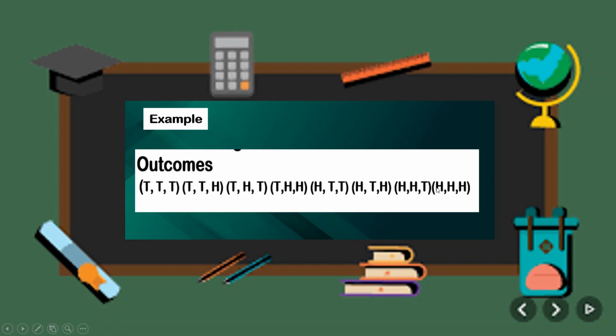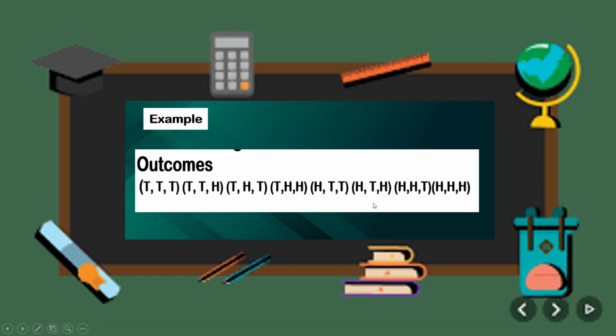These are your possible outcomes. How many are there? There are 8 outcomes as you toss 3 coins. Again, our experiment is tossing the 3 coins, and our outcomes are here.